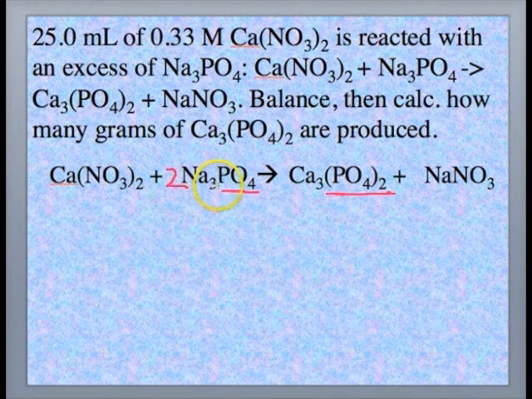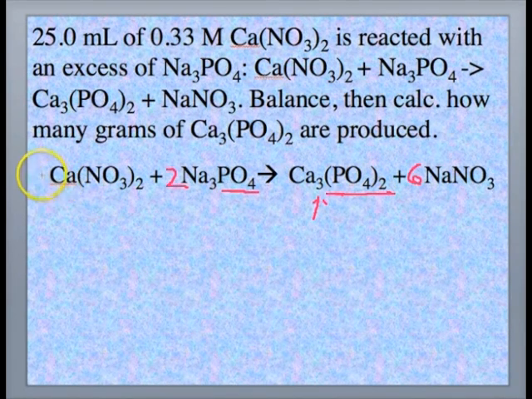Now I have 6 sodiums. 2 times 3 is 6 sodium. I only have 1 over here, so I'm going to put a nice big 6 right there. And now I have 6 sodium nitrate. And look, I need 3 calcium on the product side because it's Ca3(PO4)2 taken twice. I only have 1 calcium.